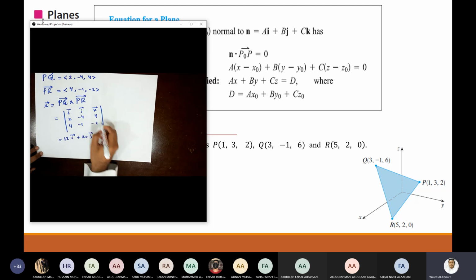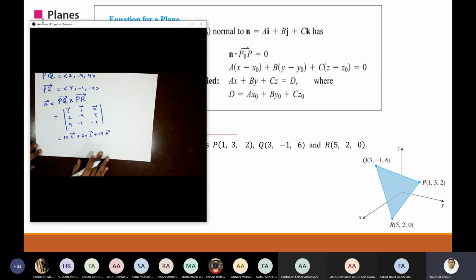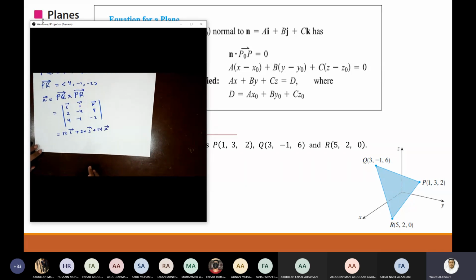And for k, we have negative 2 plus 16, which gives us plus 14k. Okay, next, this is the normal vector.